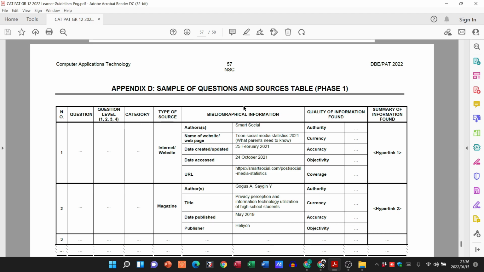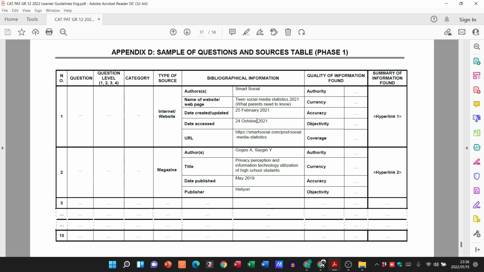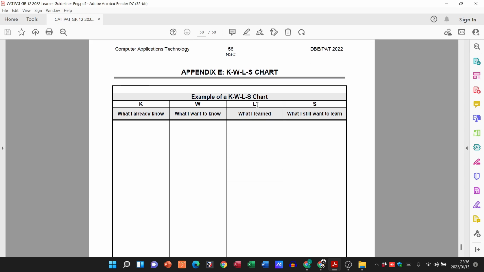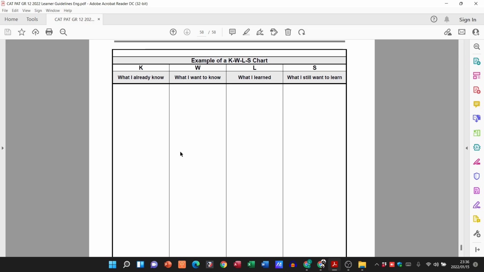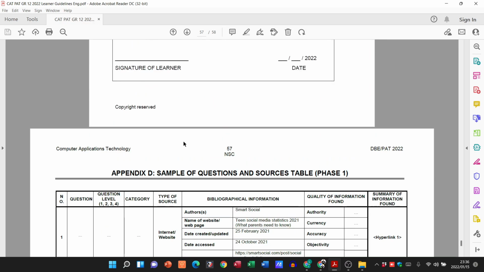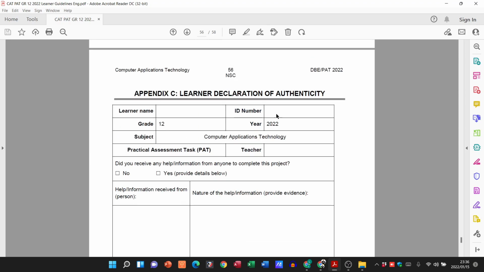Okay, and then you can see again the questions and sources table. They give you some examples, and then they give you a KWLS chart: what I already know, want to know, what I learned, and what I still want to learn. So these are all just things to help you, but I would say the main thing here is to make sure that you fill in your learner declaration of authenticity.